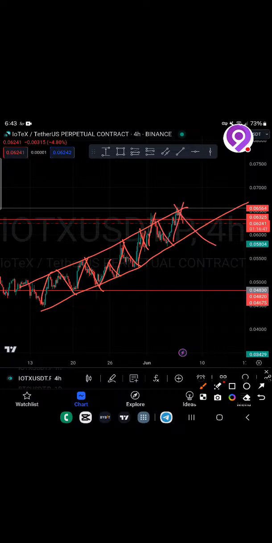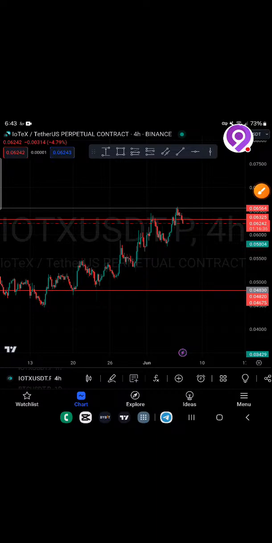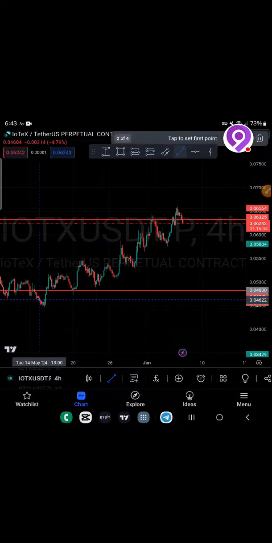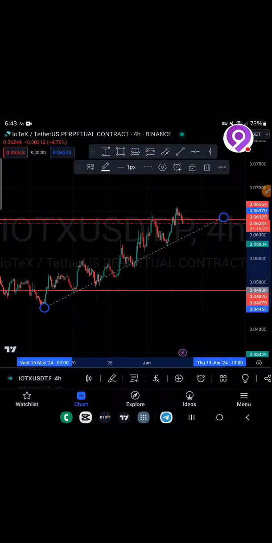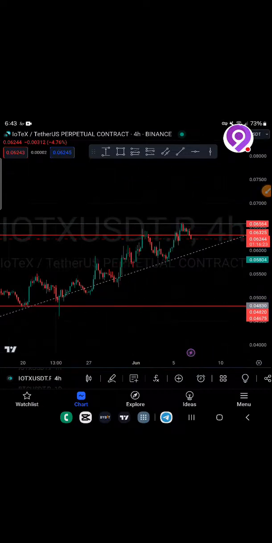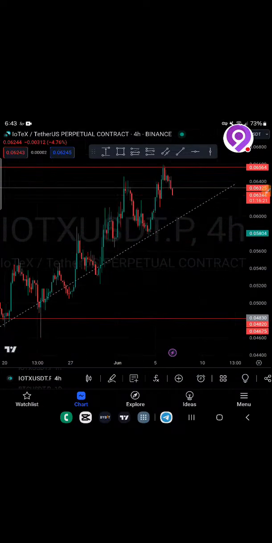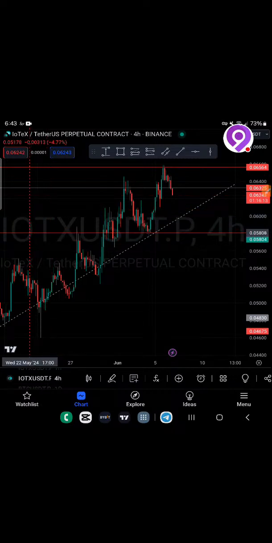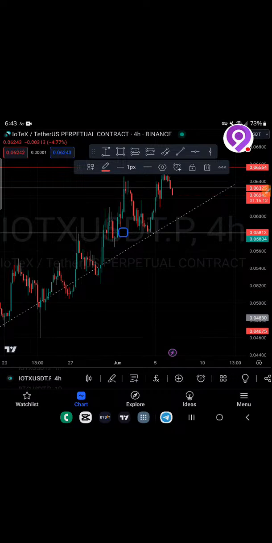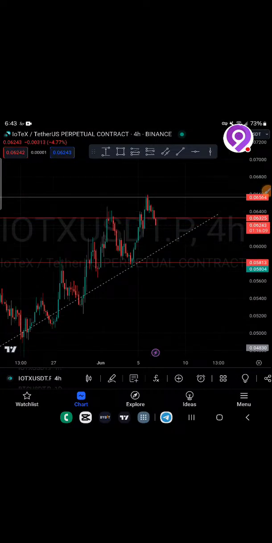If I'm going to use a trend line for this, all the way from here, my breakout section will be around, let me show you. For me to consider a short position, I guess it's somewhere here. The current price for this coin is at 0.0624.